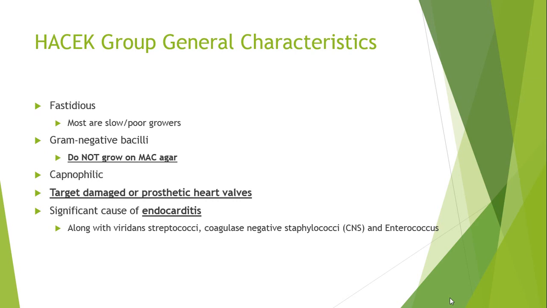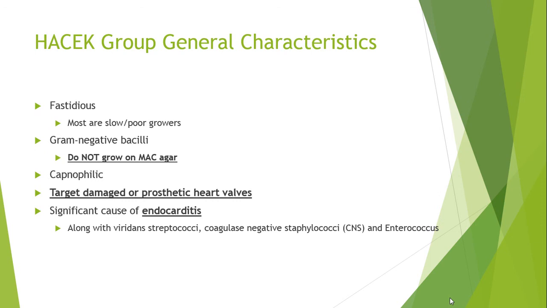If you've got a test question that describes a patient that has heart valves, you want to think of these guys. Okay? There are some other organisms that we've talked about that also cause endocarditis: your coagulase-negative staph, viridans streptococcus, and enterococcus. So how can we tell the difference between these and your HACEK organisms?